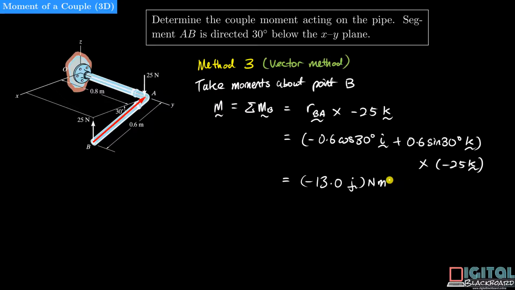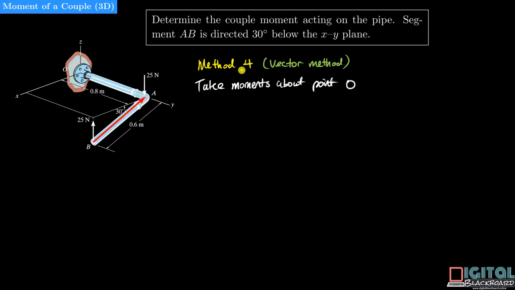Same answer as previously. In the final method, we can take moments about any point on the rigid body. In methods 2 and 3, we took moments about points A and B respectively because we wanted to eliminate one of the couple forces, leading to a simplified solution. But in reality, we can take moments about any point on the rigid body.